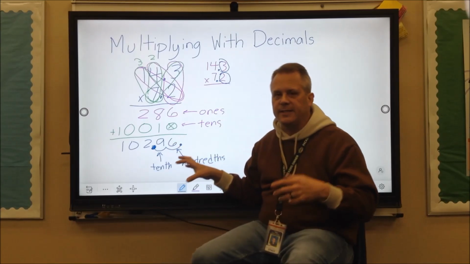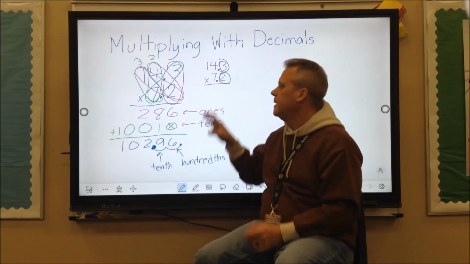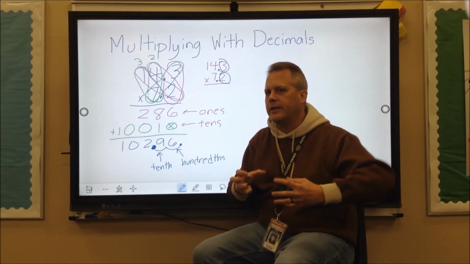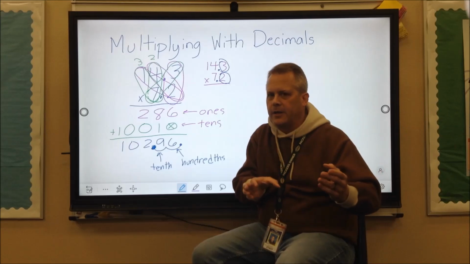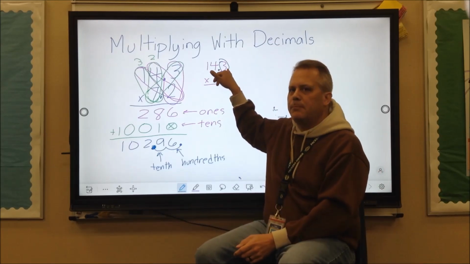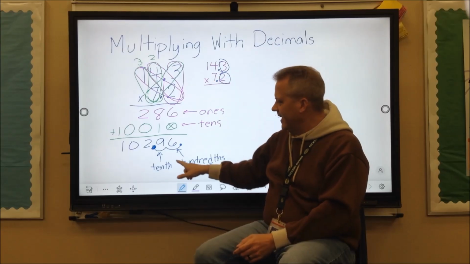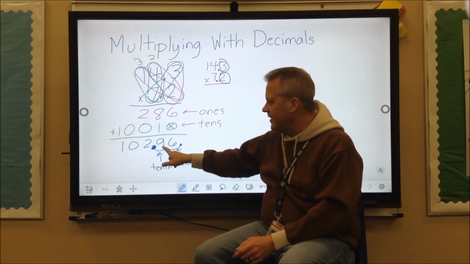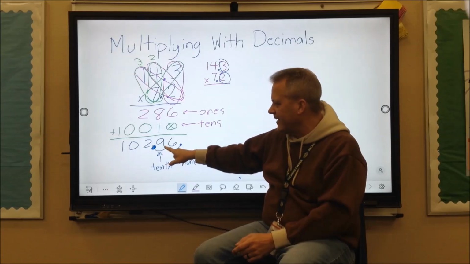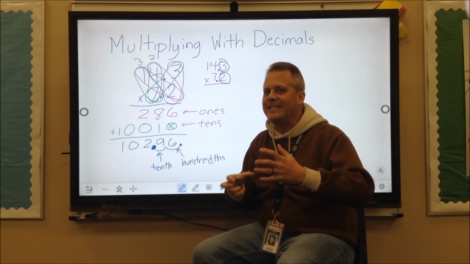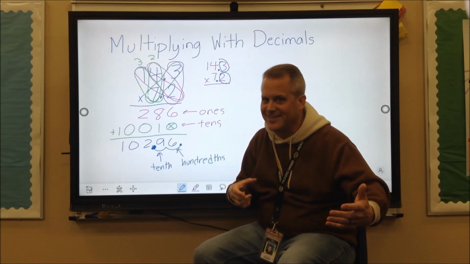So that's the reason why we place the decimal in that certain spot, because we are basically trying to figure out where it goes. Well, if you remember, a tenth times a tenth is a hundredth. If I look at my final answer, I've got 96 hundredths.